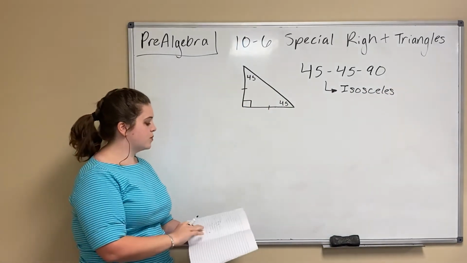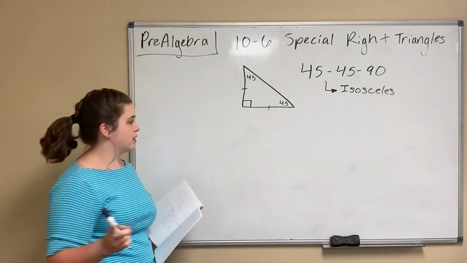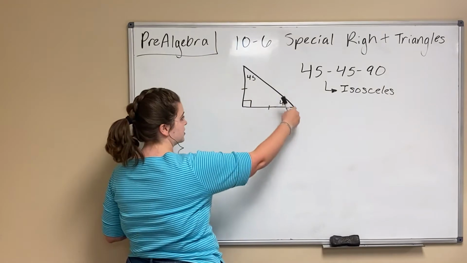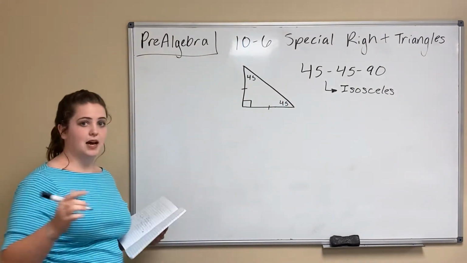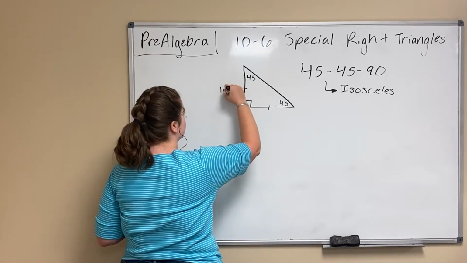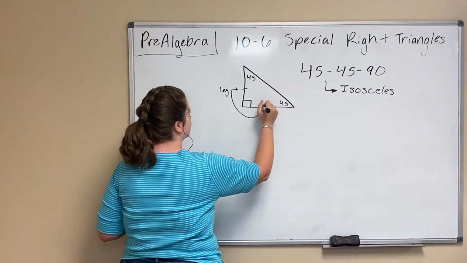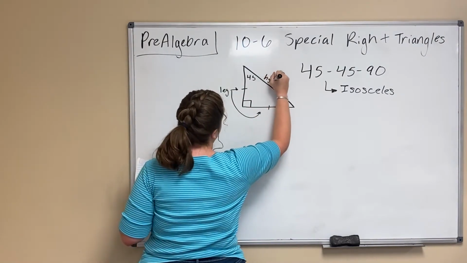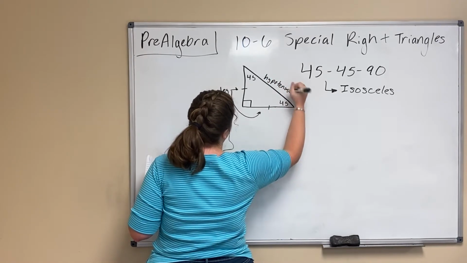Now you'll remember from when we talked about the Pythagorean theorem that when you have a right triangle, we call the longest side the hypotenuse, and the two short sides are legs. That's a leg, and that's a leg, and this side is the hypotenuse.